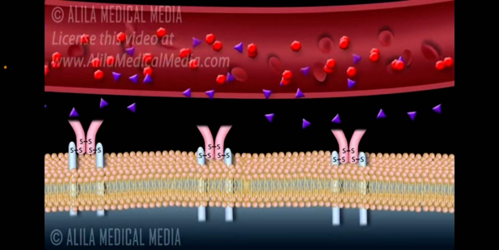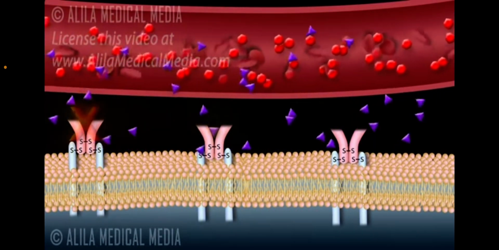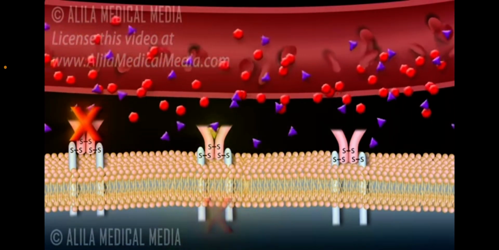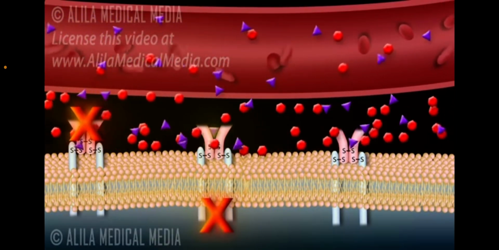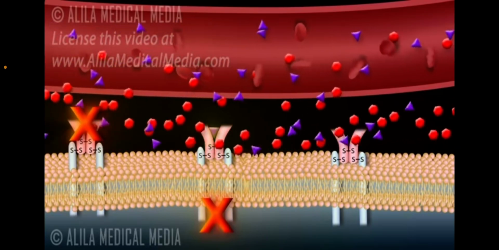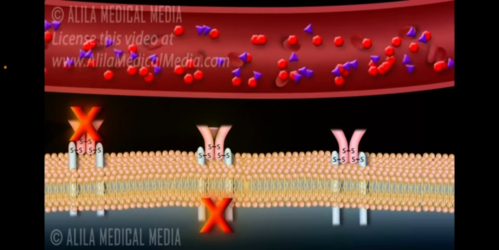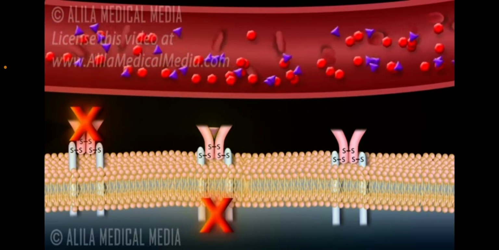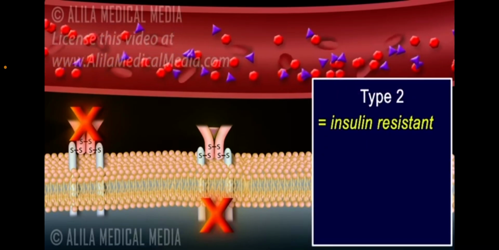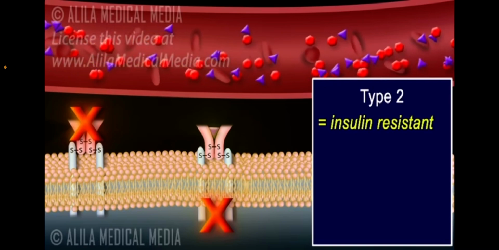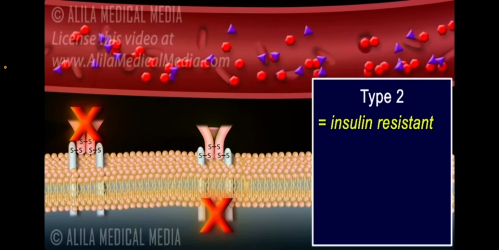In type 2 diabetes, the pancreas produces enough insulin, but something goes wrong either with receptor binding or insulin signaling inside the target cells. The cells are not responsive to insulin and therefore cannot import glucose. Glucose stays in the blood. In other words, type 2 diabetics are insulin resistant. Here again, genetic factors predispose susceptibility to the disease, but it is believed that lifestyle plays a very important role in type 2.